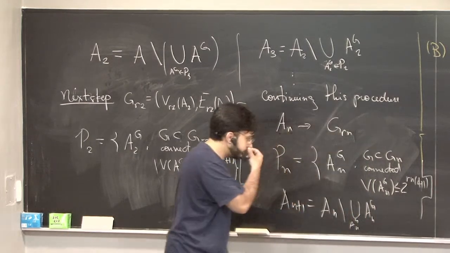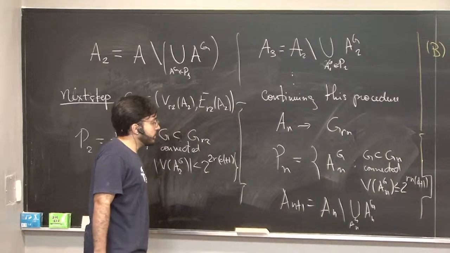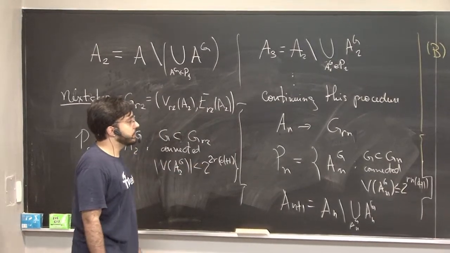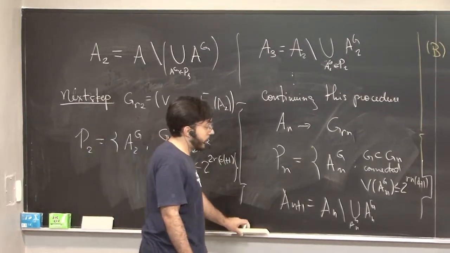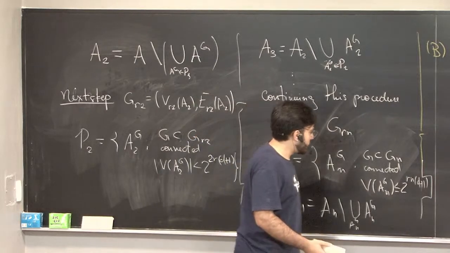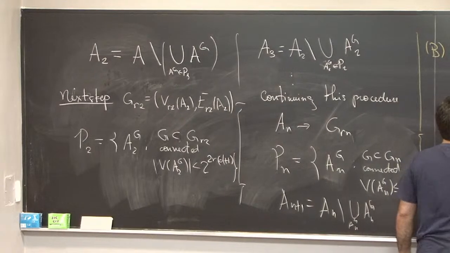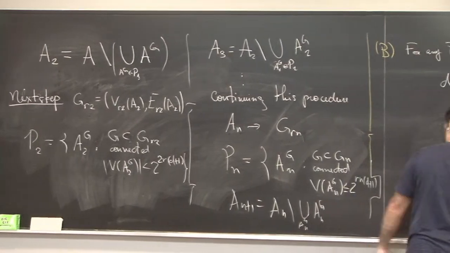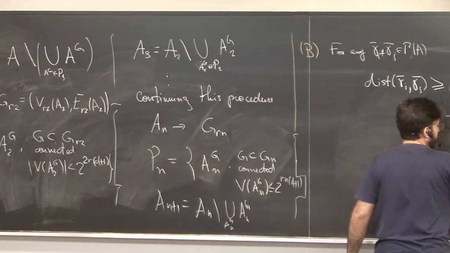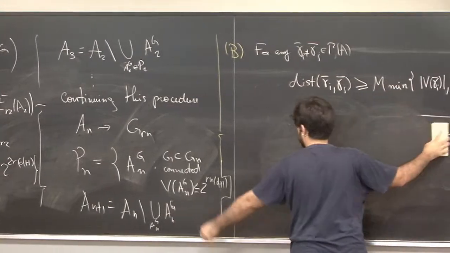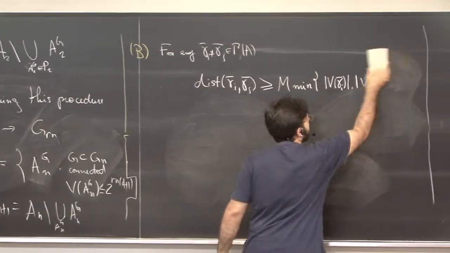Okay. So it's not hard to see that eventually this procedure stops, because you get n very large and your set is finite, so eventually the remaining volume will be less than this quantity over here for some scale.